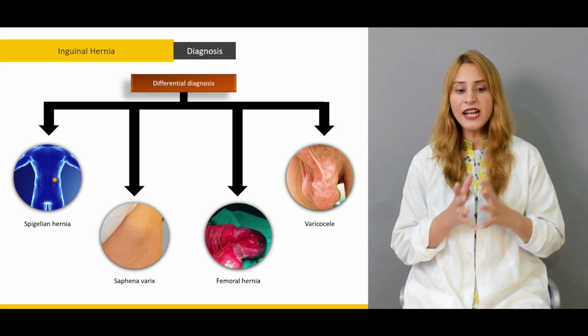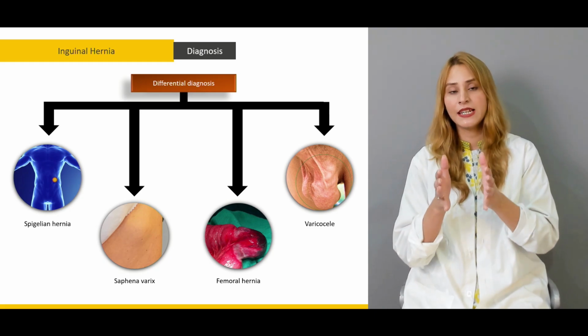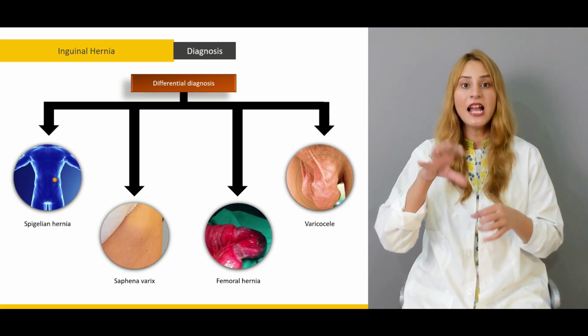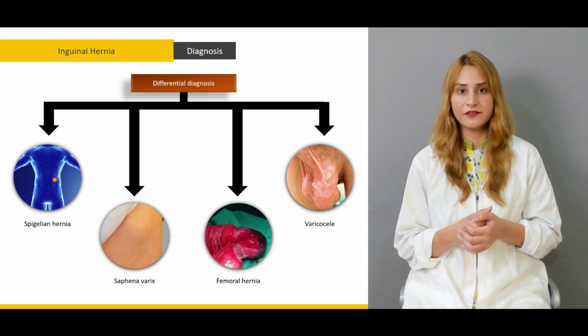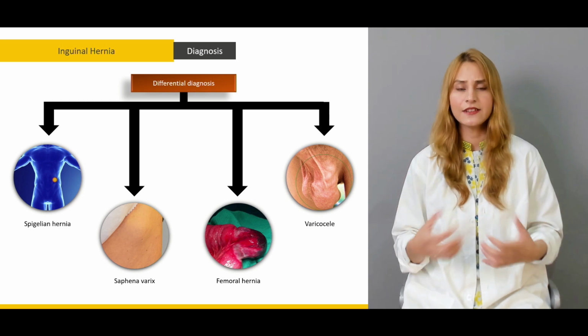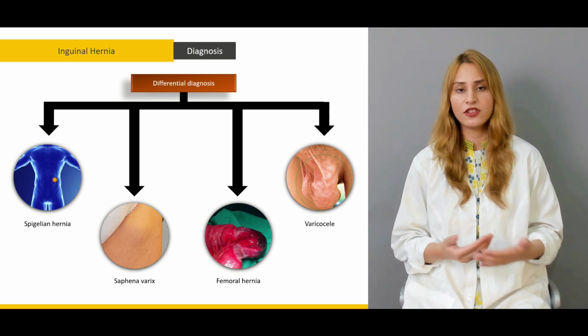Between the internal oblique and the transversus abdominis muscle there's the spigelian fascia, and the hernia comes from there because that fascia is very thin and a site of potential weakness.